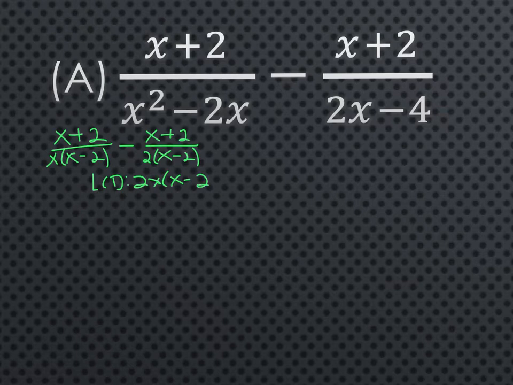So what are we going to multiply that first fraction by so that the denominator matches the common denominator? And hopefully you recognize that you're really only going to multiply numerator and denominator by 2. And that second fraction, you are going to multiply both numerator and denominator by, hopefully you recognize, x.